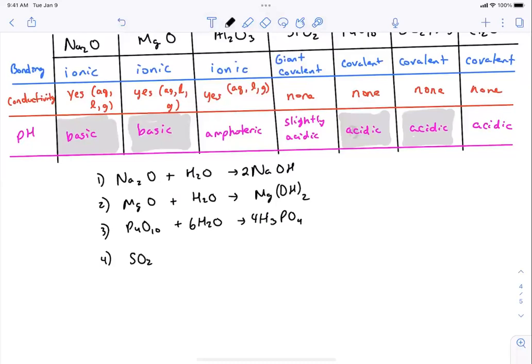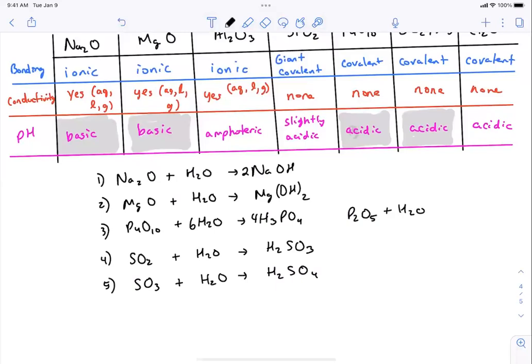Okay, your SO2 forms H2SO3. Your SO3 forms H2SO4. Oh yeah, it's the same thing.